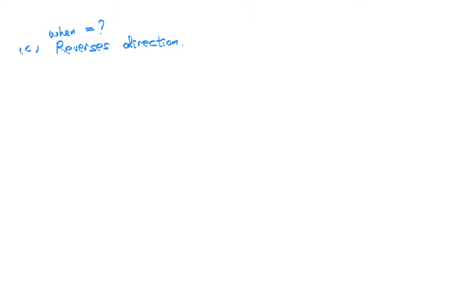Yes. For the particle to reverse direction, it must stop first. Correct? So when you say reverse direction, you have to know you can't reverse direction if it doesn't stop. So stop means what? Velocity equal to 0.